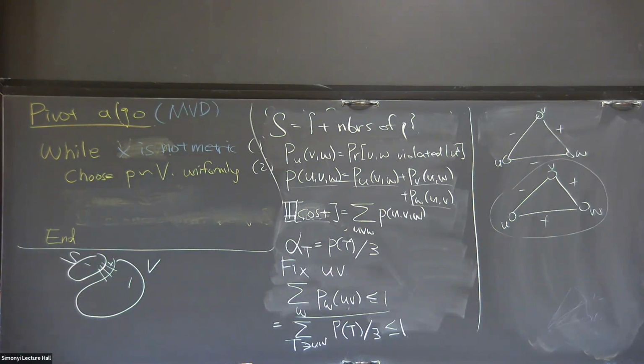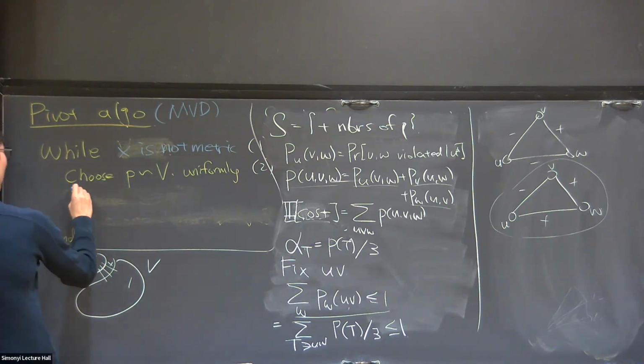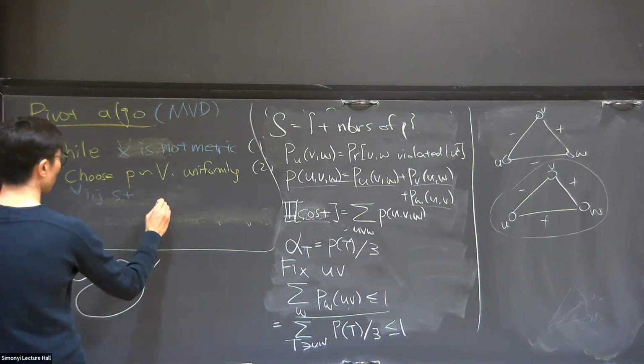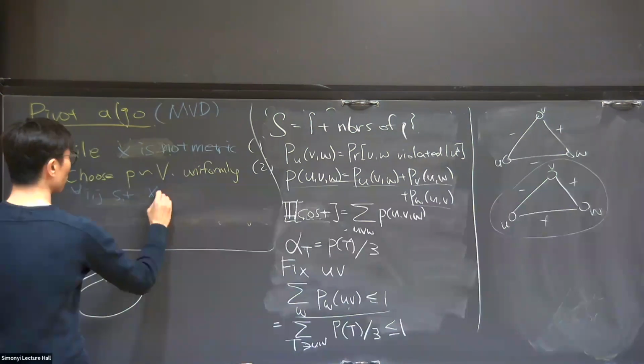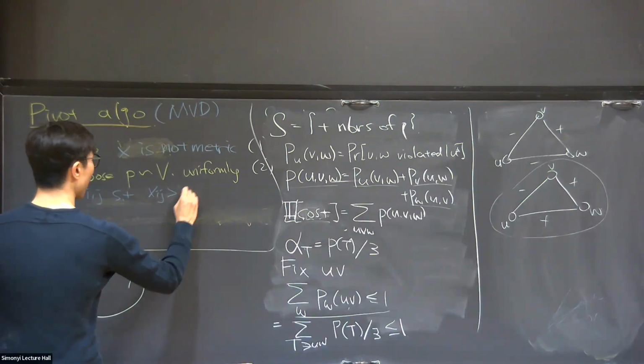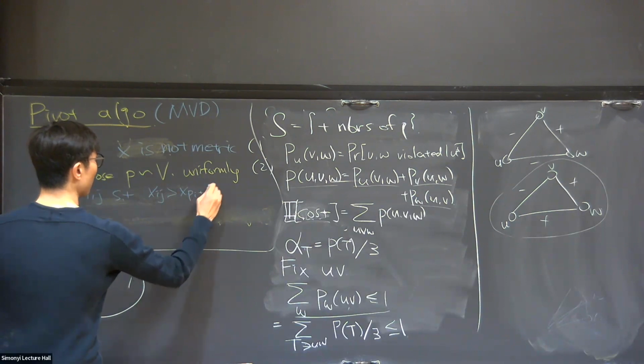But then, if you believe this, there are some bad triangles involved in P that will appear. So basically what we are doing is that for any I and J, the first case is that Xij is too great, so Xij is greater than XPI plus XPJ.